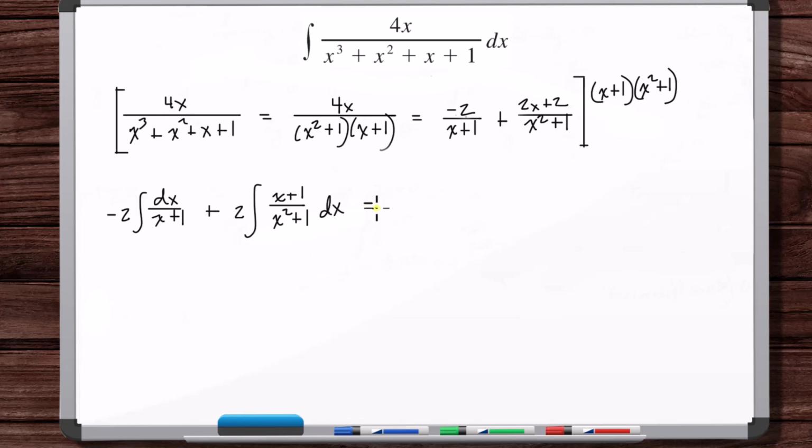So this is -2 natural log of the absolute value of x plus 1, plus 2, plus 2.